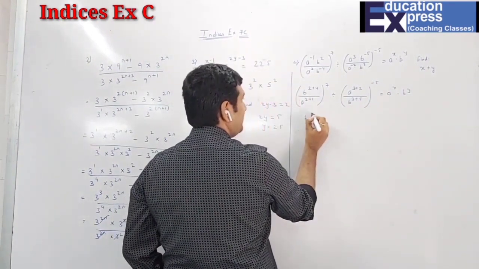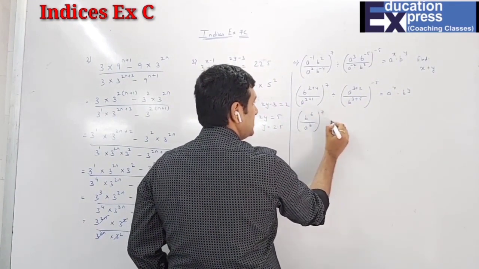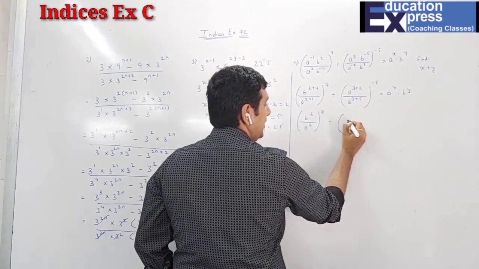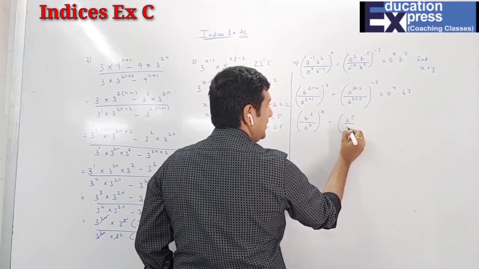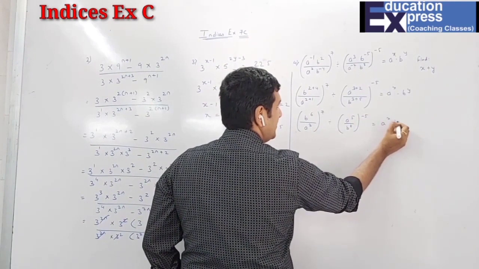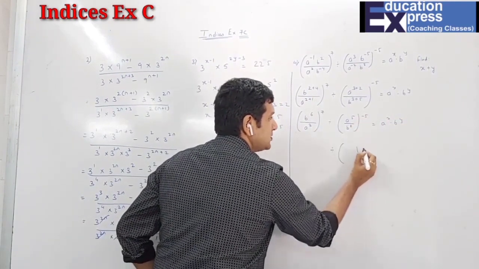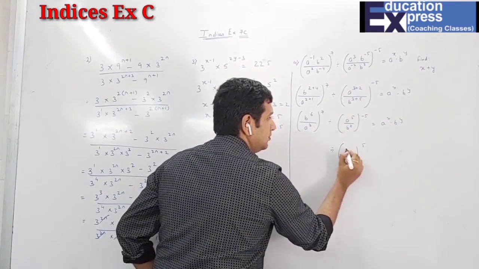So b raised to 6, a raised to 3, the whole raised to 7 divided by a raised to 5 upon b raised to 4, the whole raised to minus 5 equals to a raised to x, b raised to y. So this over here again minus 5. So first I'll make it positive by reciprocal.